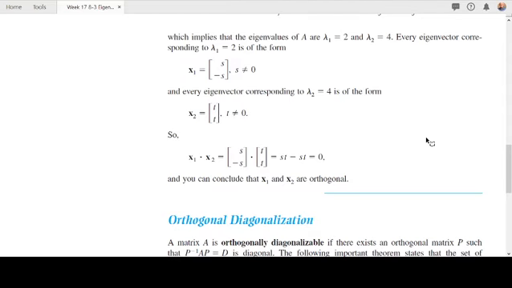Notice how they did that there. Instead of using particular values for the parameters S and T, they just kept the parameters and took the dot product. And they get ST minus ST equals 0. That's a slick way to do it. So you conclude that x1 and x2 are indeed orthogonal, or perpendicular.